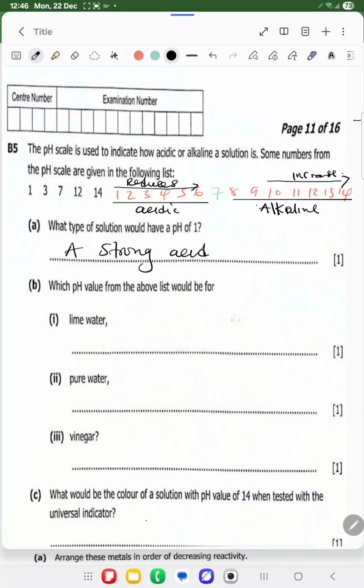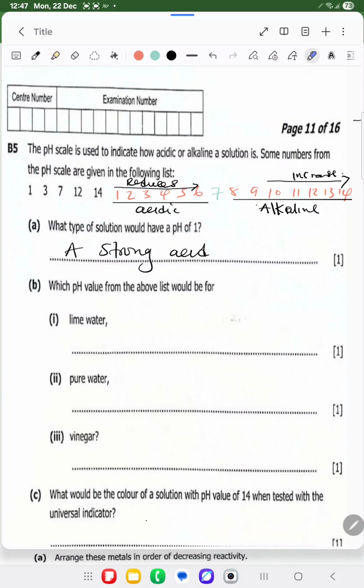Then we go to the next question, which says: which pH value from the above list would be for lime water? Which one among those numbers given would represent lime water? It must interest you to note that lime water is an alkaline or a base, but it is not a strong base for us to give it the number 14.